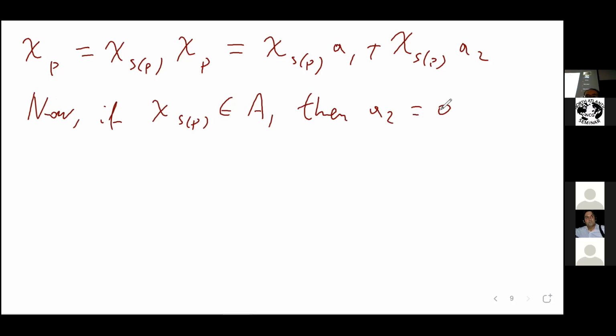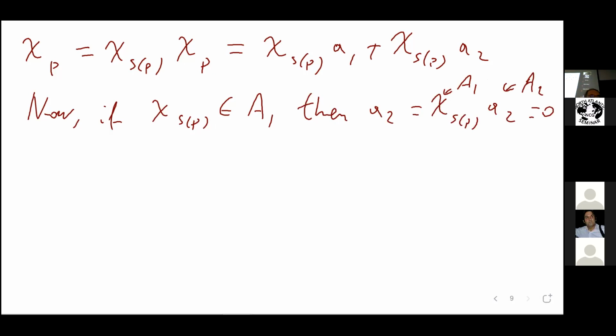Why? Because I know that, well, I can write it down like this. Because of the uniqueness of a decomposition, A2 is chi of SP times A2. But remember that this is a direct sum algebra, so A1 times A2 is 0. If this is in A1 and this is by assumption in A2, then they multiply to 0.